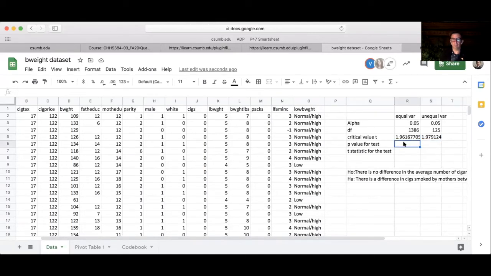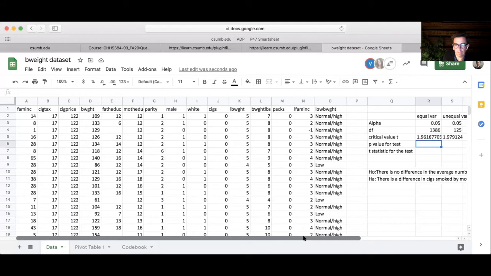All right. Now, we're going to calculate the p-value for the test, right? And that means that the formula there is going to ask us for all the cigarettes smoked, right? For the values of cigarettes smoked for babies that had low birth weight, and then all the cigarettes smoked for babies that had normal or high weight. So that means that we have to sort all the data set in terms of this grouping variable, like the low birth weight.